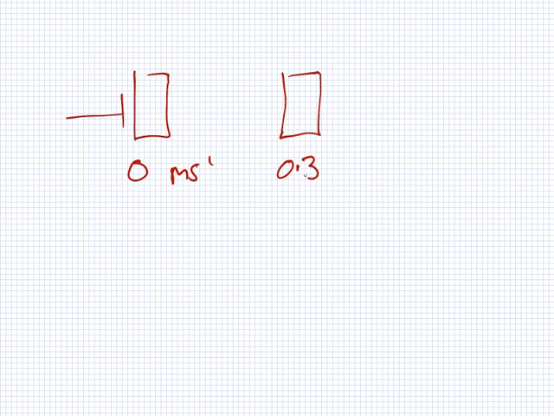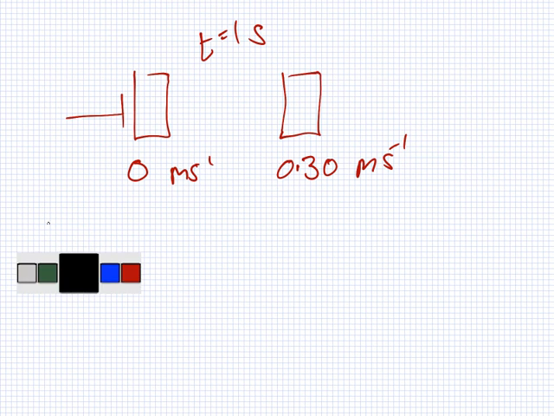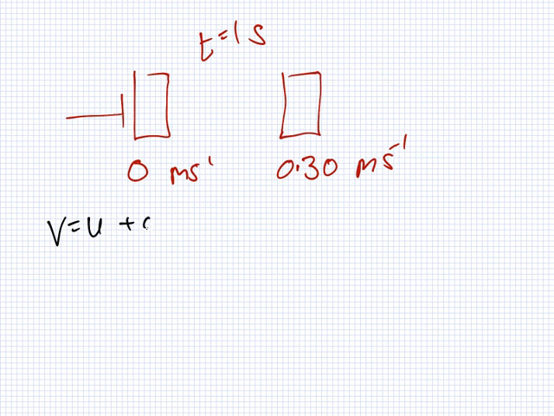So, here's the cup, and he pushes it, and it goes from 0 meters per second up to 0.30 meters per second, and the time to do that is 1 second. So by just using the formula V equals U plus AT, 0.3 equals 0 plus 1a.